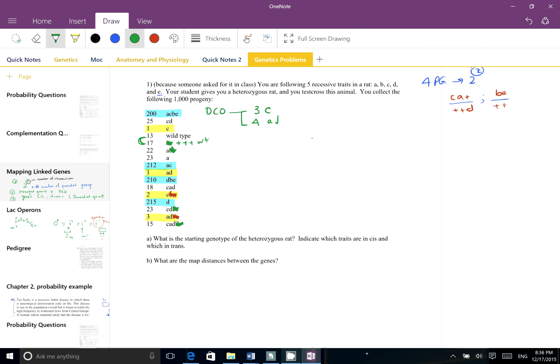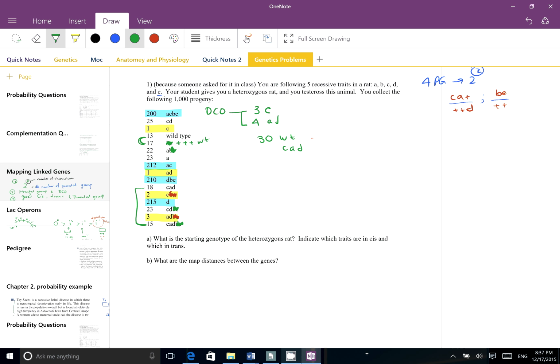Okay, so for wild type, I have 13 plus 17, which is 30. What's gonna be opposite to my wild type is gonna be my CAD, right? Here's where I see 3 of my genes.